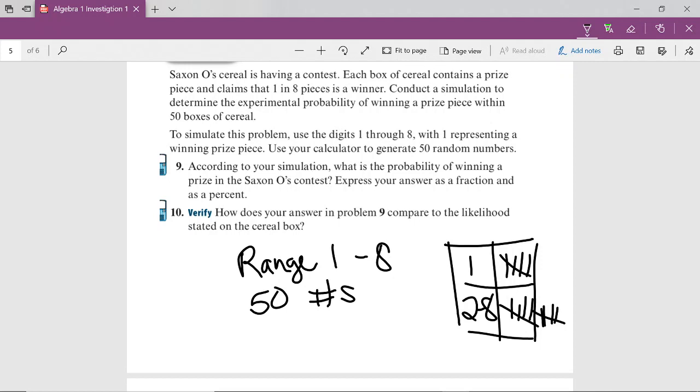So number 9 and 10 you can do for yourself according to your simulation. What's the probability of winning a prize? Is it that 1 in 8, or did your experiment show something different? Number 10, how does your answer in problem 9 compare to the likelihood stated on the cereal box? So compare your answer with that theoretical probability that they give on the cereal boxes.